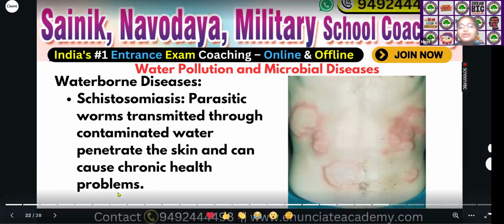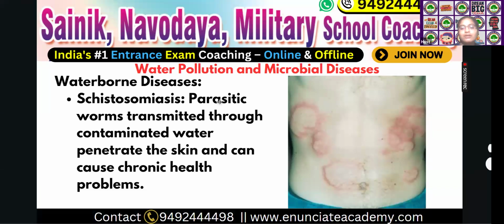When we consume contaminated or polluted water containing this parasite, it leads to skin diseases and chronic health problems also. So this is one type of waterborne disease known as schistosomiasis.